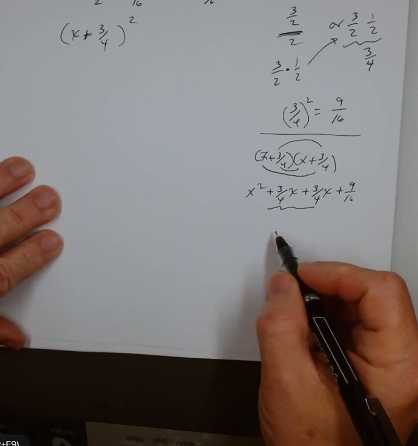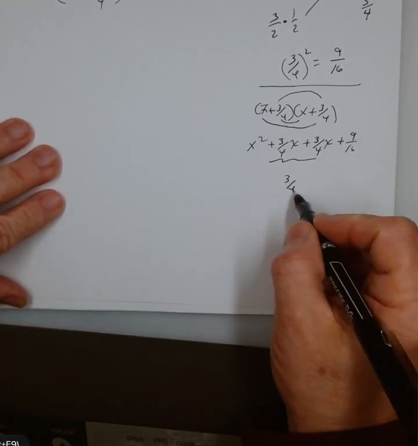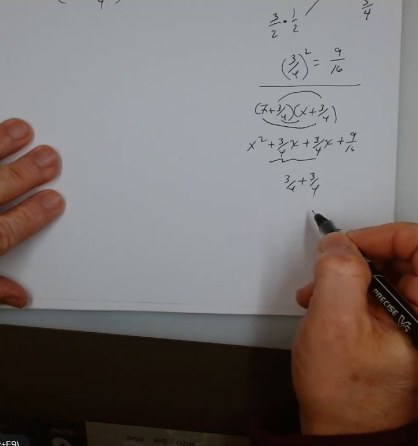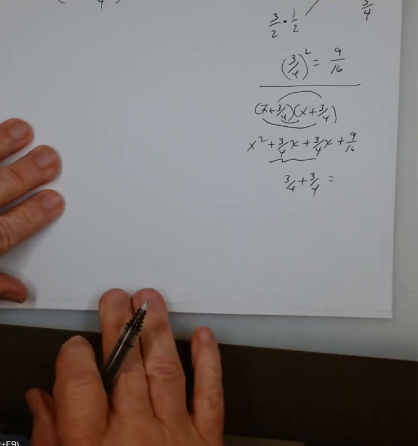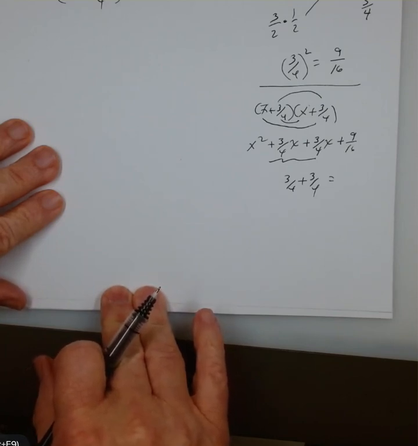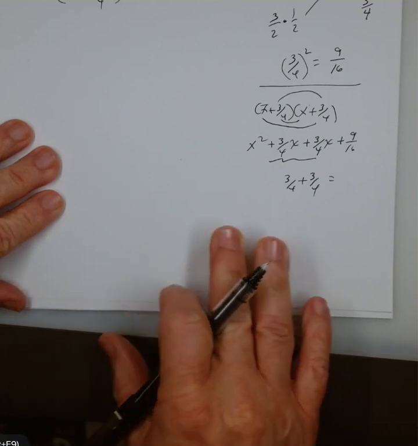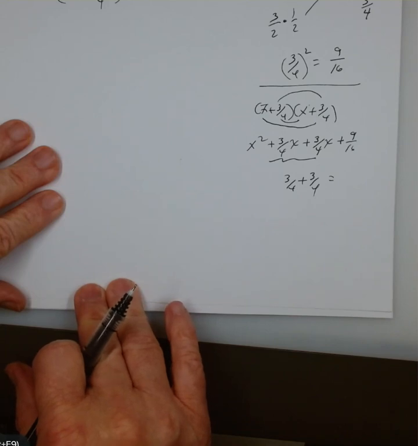Okay, now let's add these two terms. Okay, let's think about this. What is 3/4 plus 3/4? Say it again? Be careful. 6/8. No. When adding fractions, you don't add numerators and add denominators. You got to find the common denominator, which you already have, which is 4.